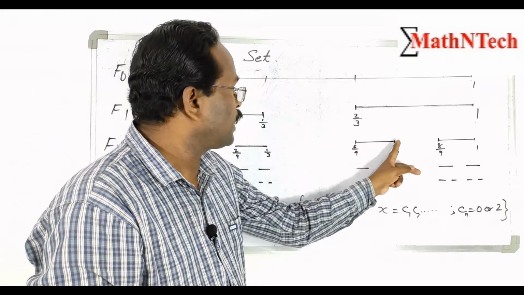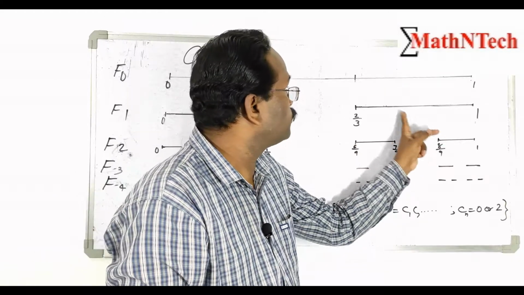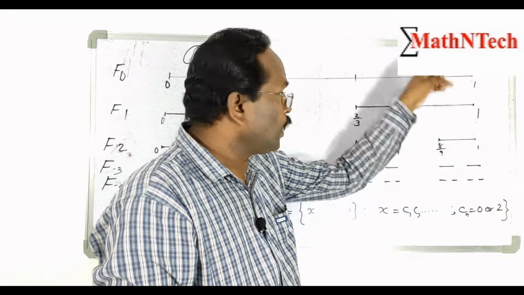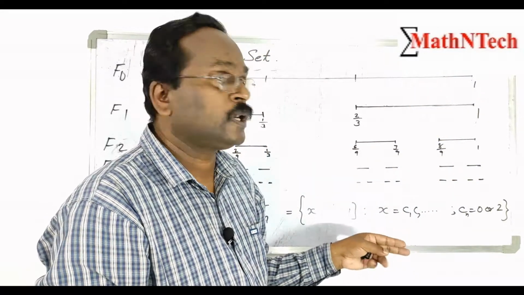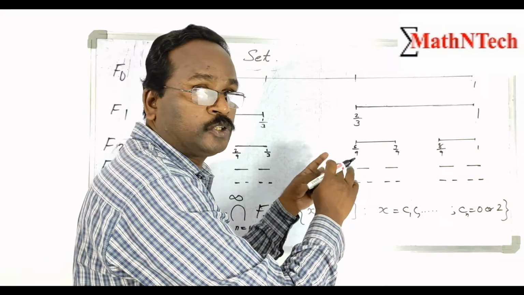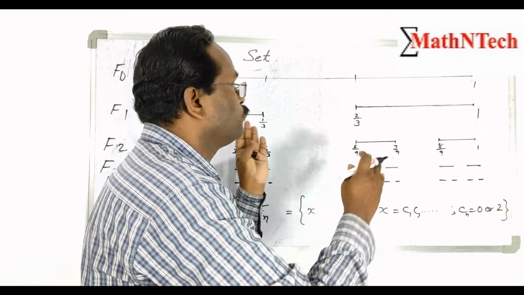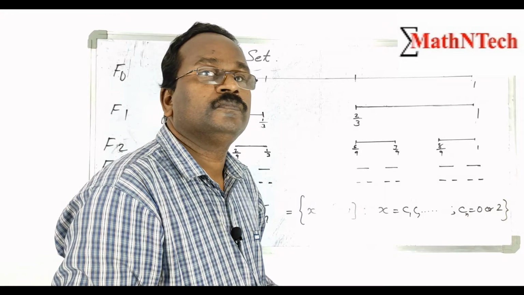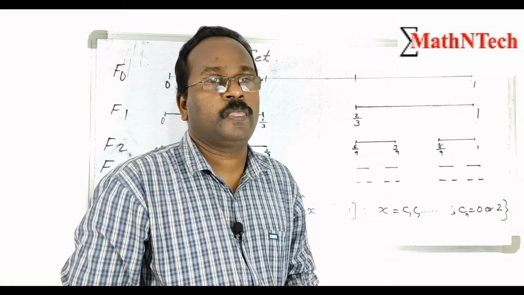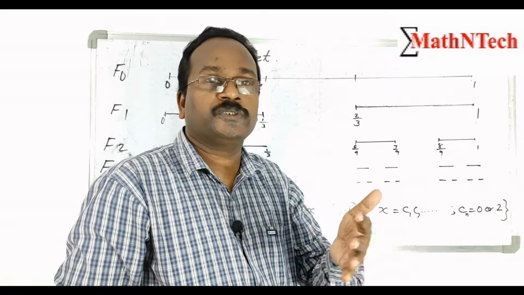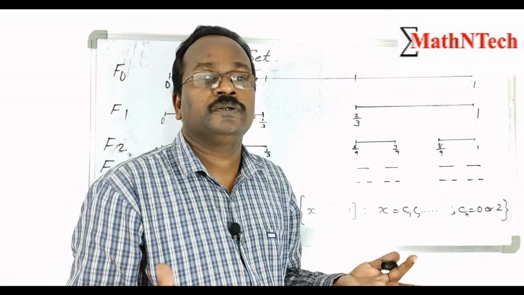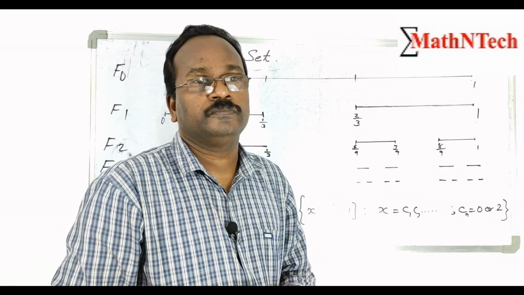Again 6 by 9 to 7 by 9, remove the middle part, we get 8 by 9 to 1. Continue this process, that is, divide each of the intervals into 3 equal parts and remove the middle part. That is the construction of Cantor's set. Continue this process indefinitely and what is remaining is called Cantor's set.